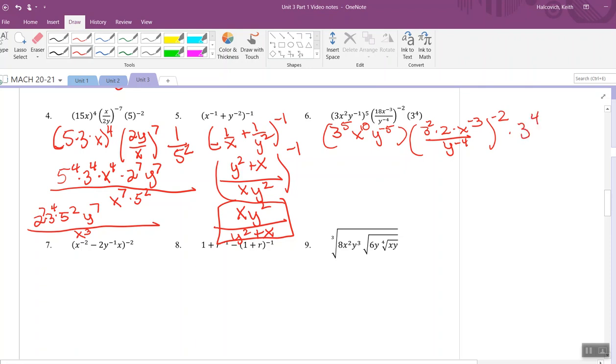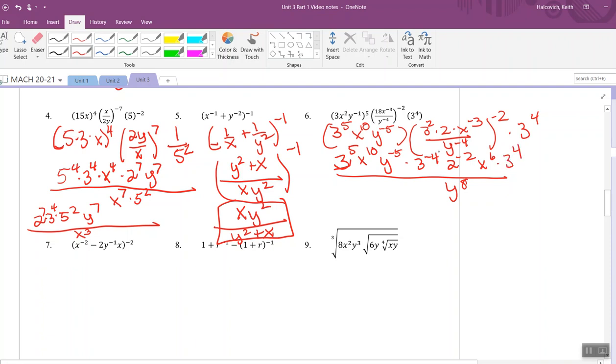So we still have, here we have 3 to the 5th, x to the 10th, y to the negative 5th, and then we have 3 to the negative 4th, 2 to the negative 2nd, x to the 6th, all over y to the 8th, times 3 to the 4th.